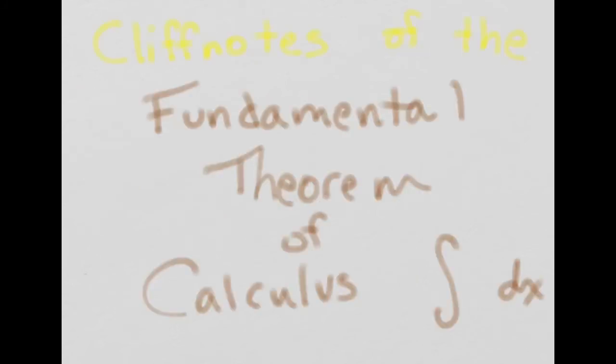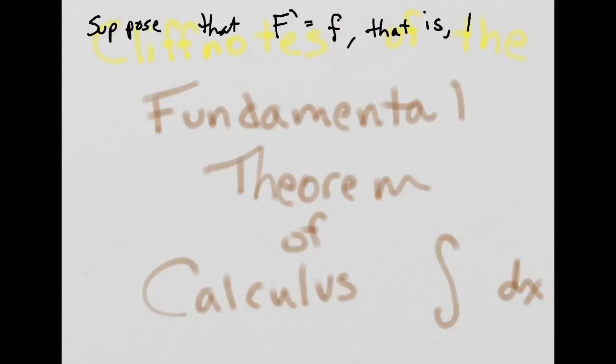So we're going to do the cliff notes of the Fundamental Theorem of Calculus. Again, we'll do a longer series of this on Monday, but if you're just using it, it's very straightforward. We'll understand why it works next week, but right now, suppose that capital F prime is equal to little f. That is, capital F is an antiderivative of little f.